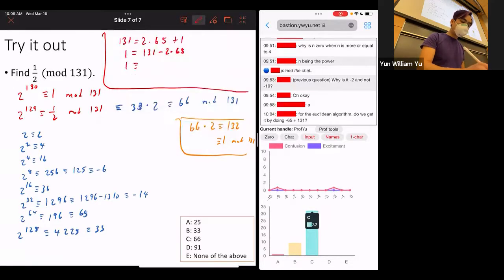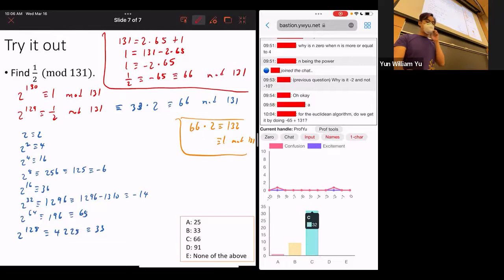So that's congruent to minus 2 times 65. Divide both sides by 2. So 1 over 2 is congruent to minus 65. But of course, what is minus 65? Minus 65 is congruent to 66 mod 131. You get it by taking minus 65 plus 131.